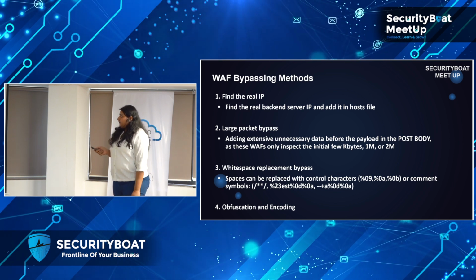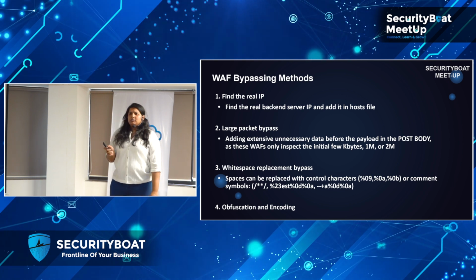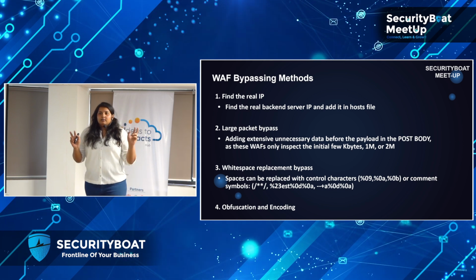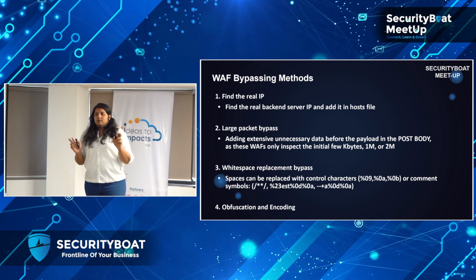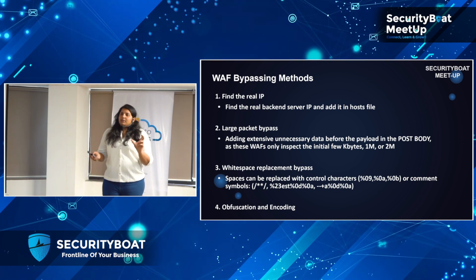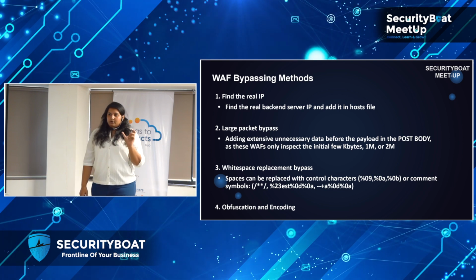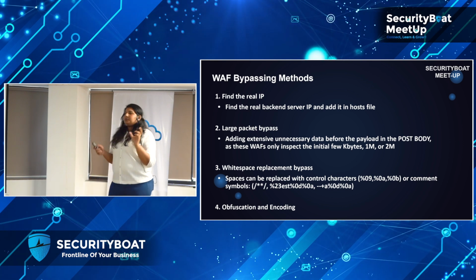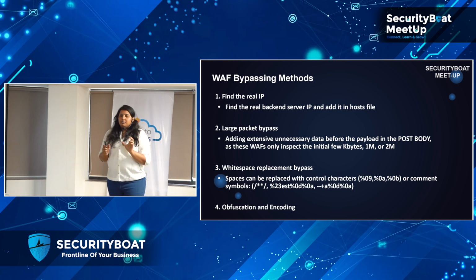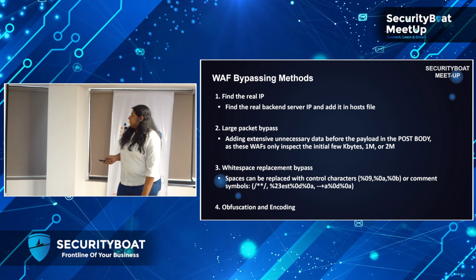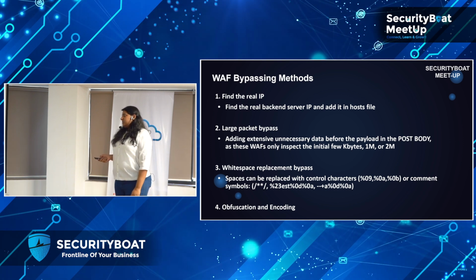In terms of the second one, when you find a vulnerable parameter and try to add a malicious query, it gets caught by the WAF. But some WAFs just check the first few bytes of the POST request. So if you add some garbage or random data before your malicious payload, that might give you success. The third one is the white space replacement bypass.